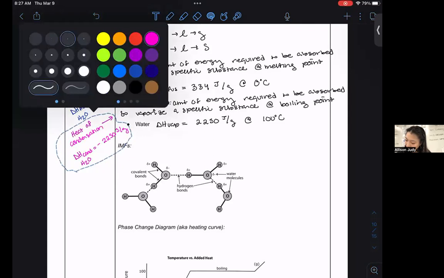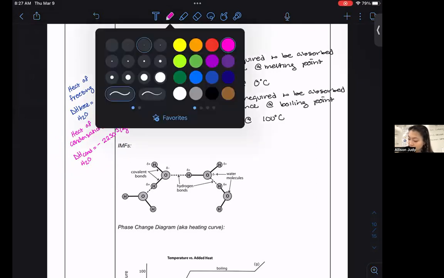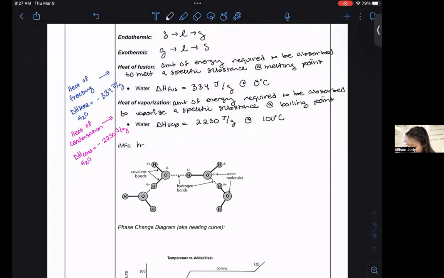Keep in mind that all of this heat energy is being applied particularly to break the IMFs. The heat energy you're absorbing is used to break apart or weaken the IMFs.